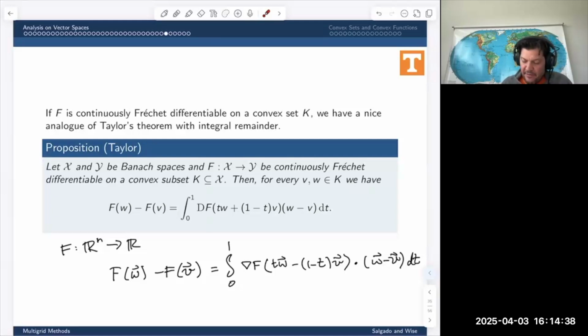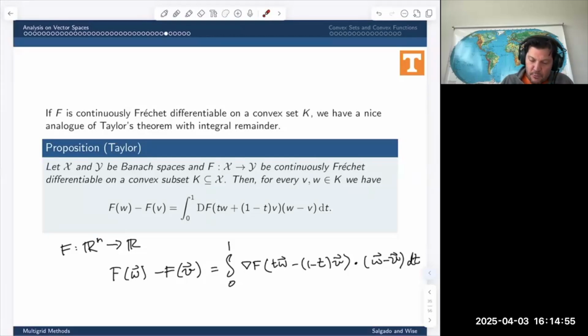The fact that f is continuously differentiable means that the df is a continuous function. And so this whole object can be thought of as a Banach space valued function of t.